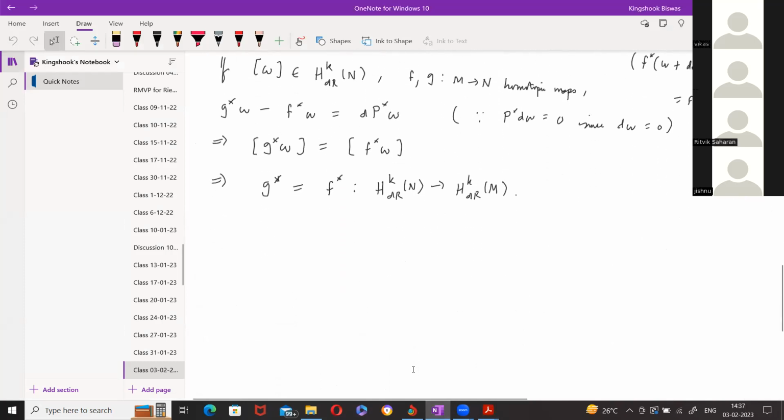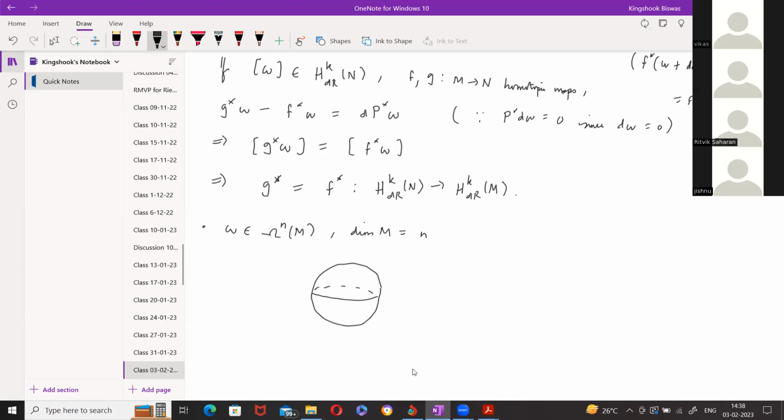Now one can imagine, suppose we have an n form on an n manifold, and I want to define its integral. Suppose omega is an n form on an n manifold, for example a 2 form on a 2 manifold.